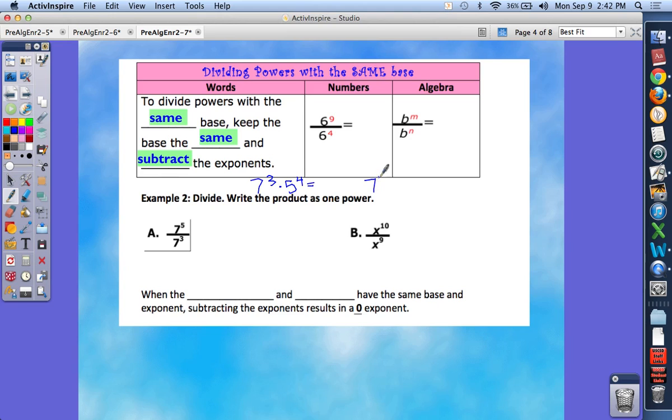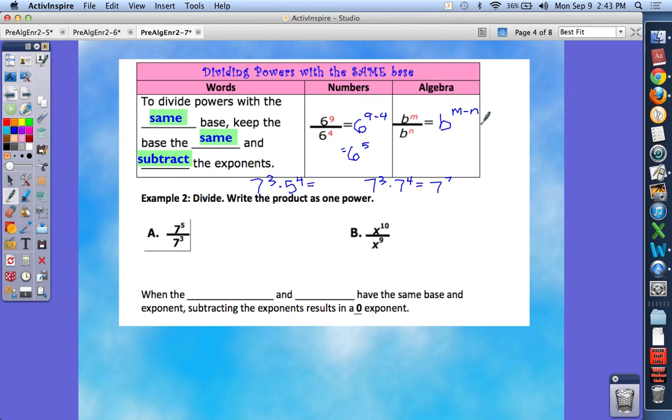But if I'm doing 7 cubed times 7 to the 4th, I can add those exponents because I'm multiplying and get 7 to the 7th. Or if I'm doing 6 to the 9th over 6 to the 4th, I can do 6 to the 9 minus 4 this time, and I get 6 to the 5th. Or in the algebra terms, b to the m minus n.